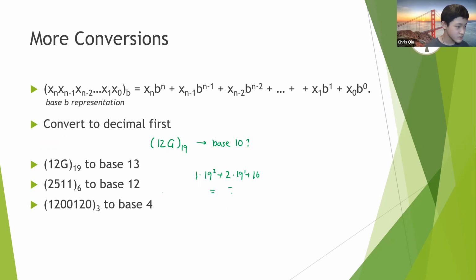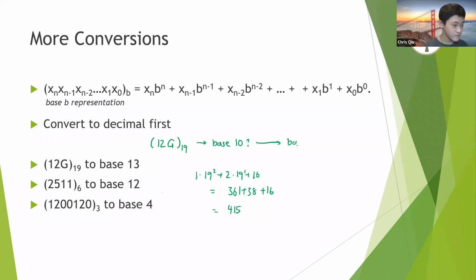This is 361 plus 38 plus 16, which is equal to 415. And so now we've converted from base 19 to base 10. And so the next thing we're going to do is convert from base 10 to base 13.